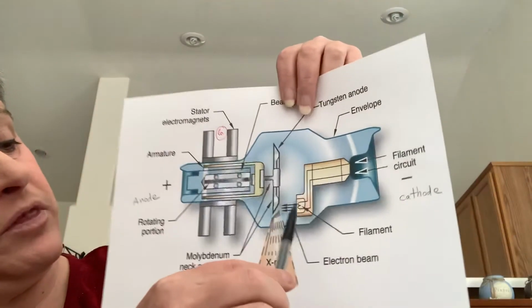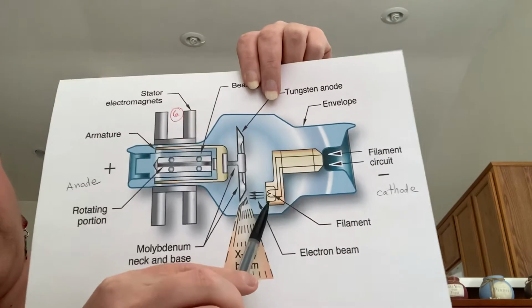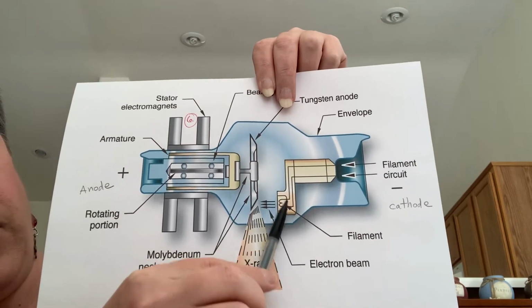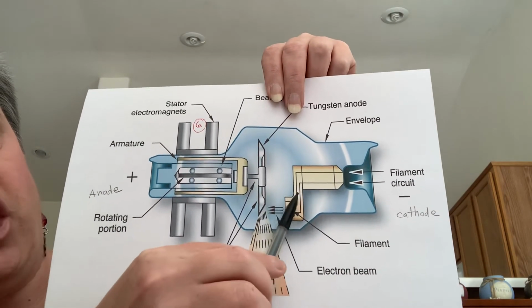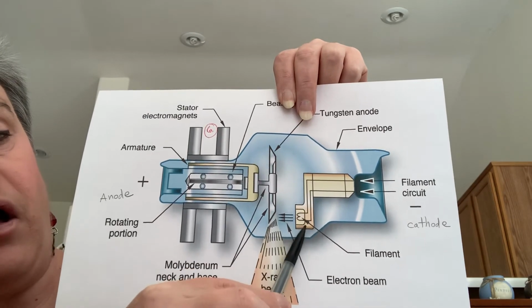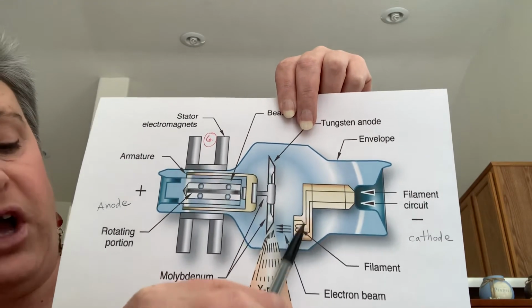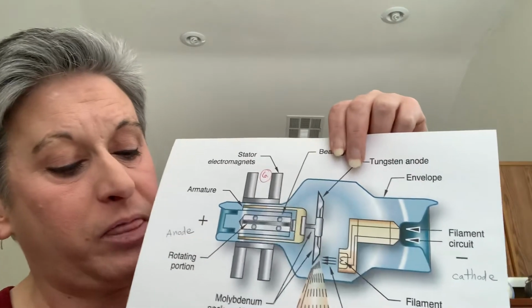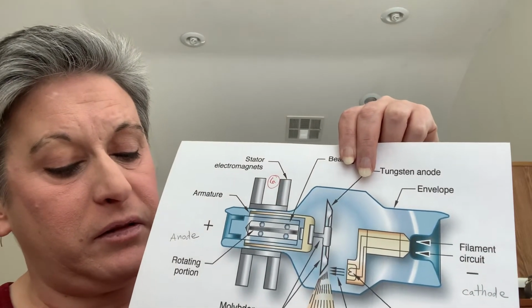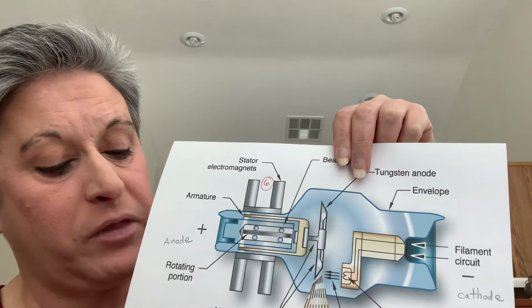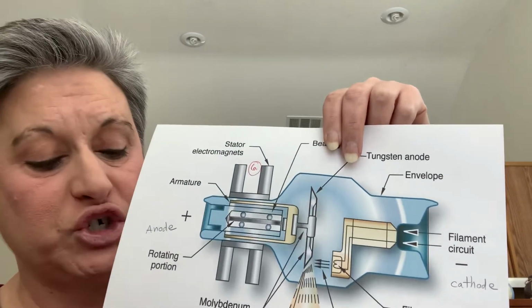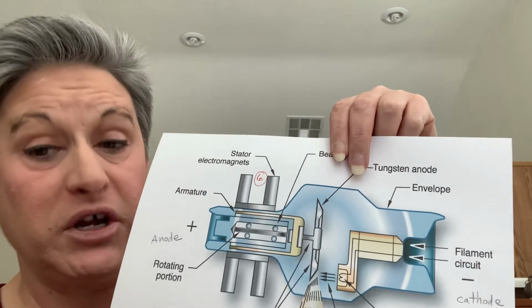The focusing cup is going to compress the thermionic cloud and make it smaller. The focusing cup is right here, and there are electrons lining the whole surface of the cup. Those electrons won't allow the other electrons to leave a straight line.